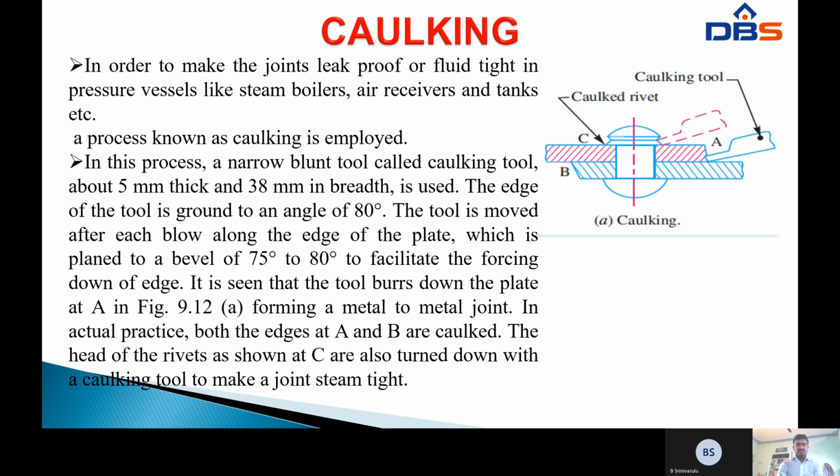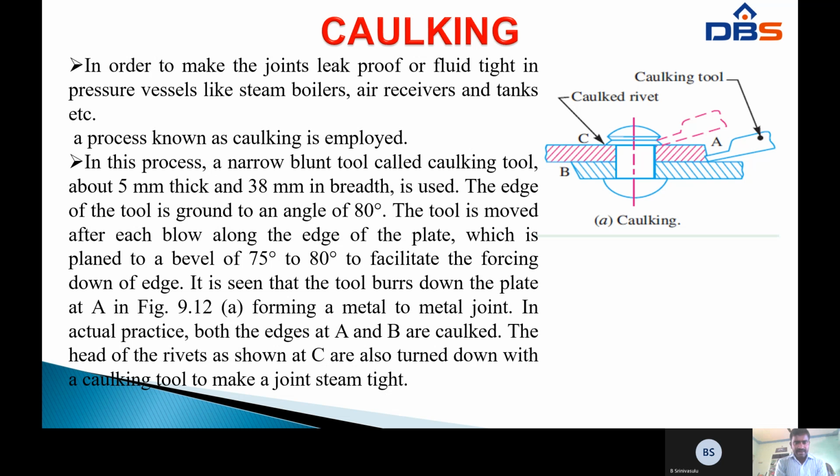The edge is planed to a bevel of 75 to 80 degrees to facilitate forcing down of the edge. It is seen that the tool bursts down the plate at A, as shown in figure 9.12a, forming a metal-to-metal joint.